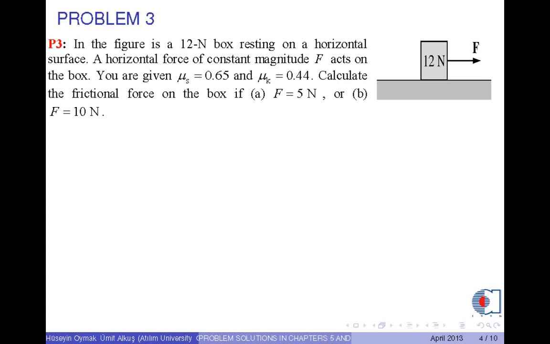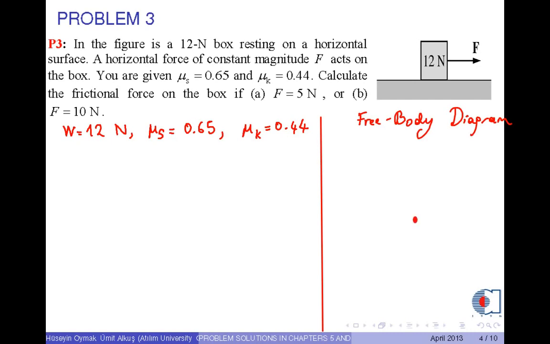Okay, we are given W as 12 newtons, which is the weight of the object, coefficient of static friction, that is μs as 0.65, and coefficient of kinetic friction as 0.44. The free body diagram is drawn as follows.